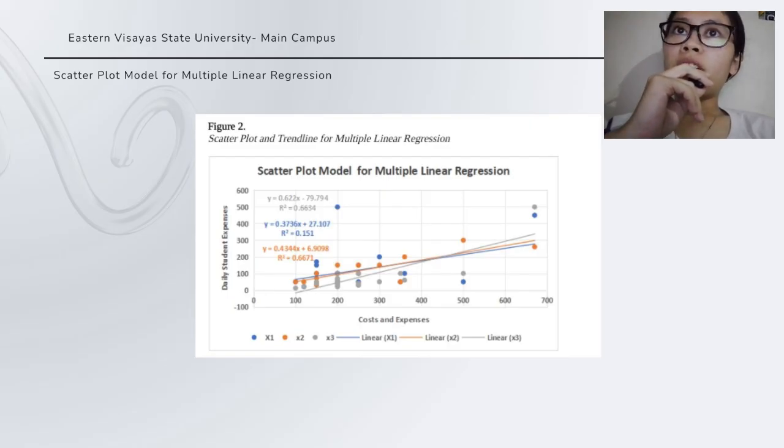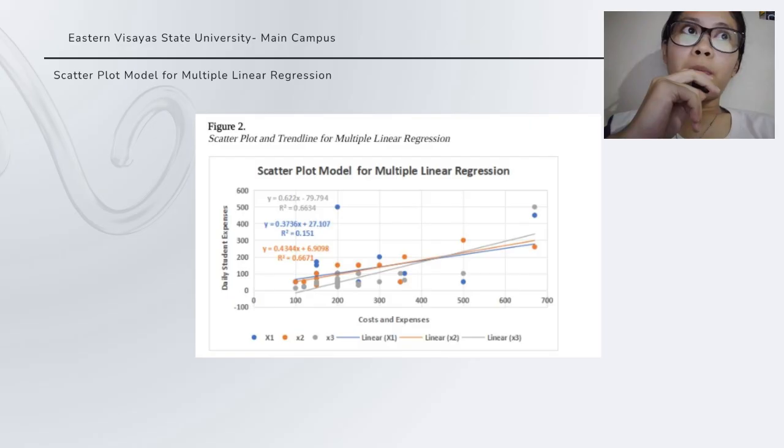Our orange trend line corresponds to our x sub 2, and our gray trend line corresponds to our x sub 3. So this graph visualizes the individual relationship between our three independent variables and the dependent variable.